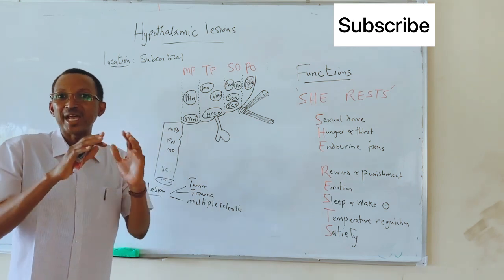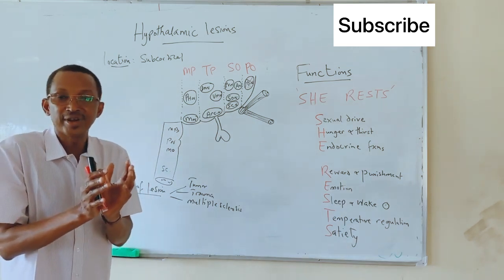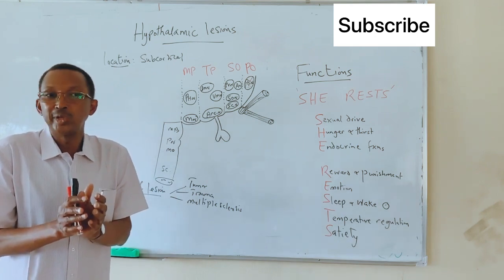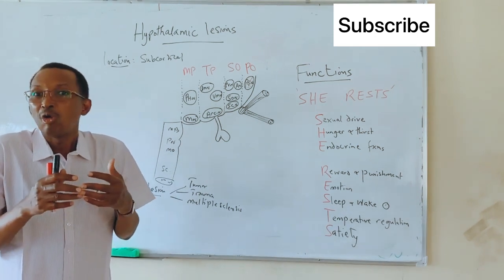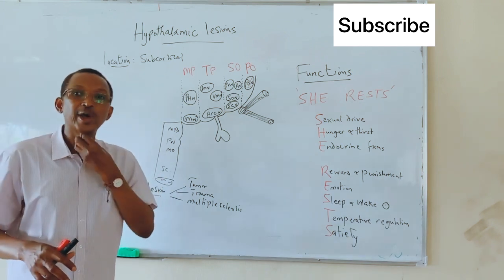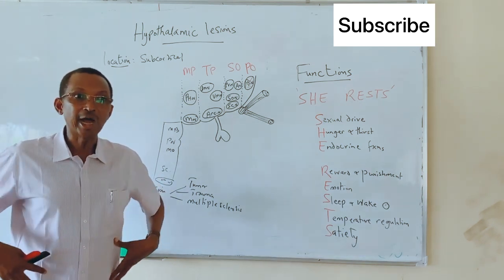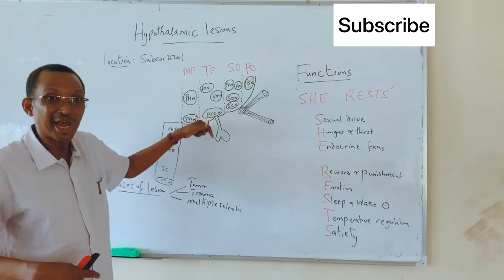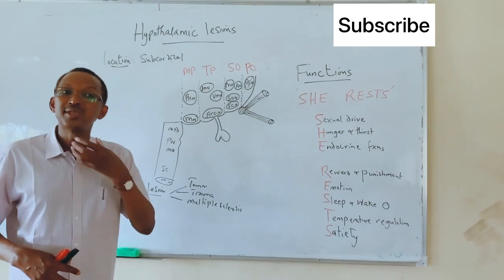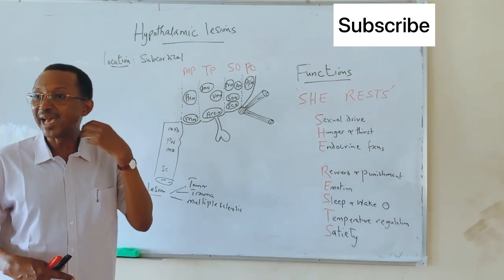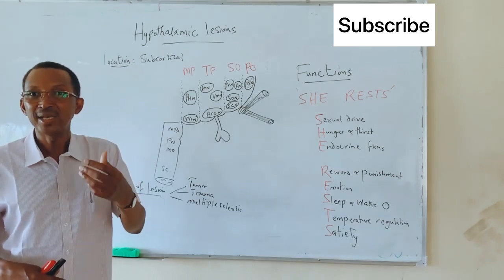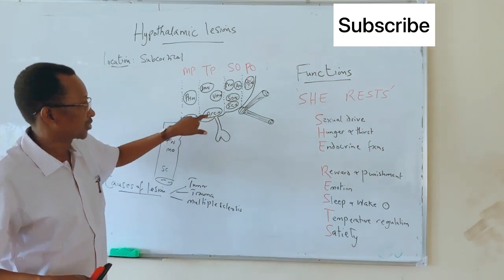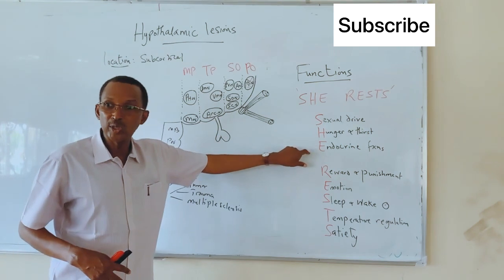The anterior part has about 5 different cell types that produce different hormones that regulate the thyroid gland or our ovaries or testicles. So the arcuate nucleus controls those cells in the pituitary gland, both in the anterior part and in the posterior part. So this one, the arcuate nucleus, is also responsible for endocrine function.